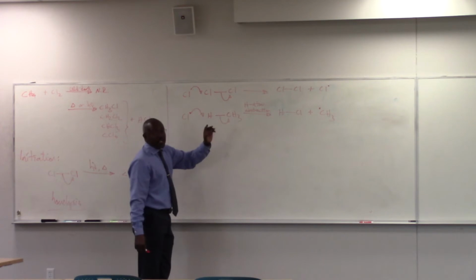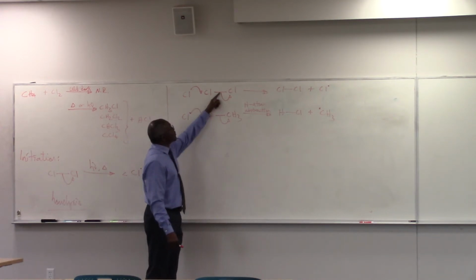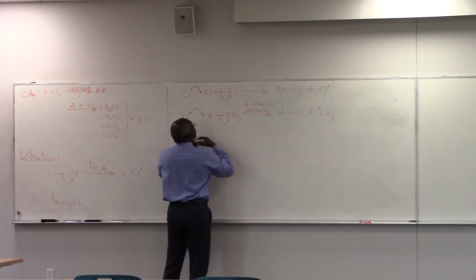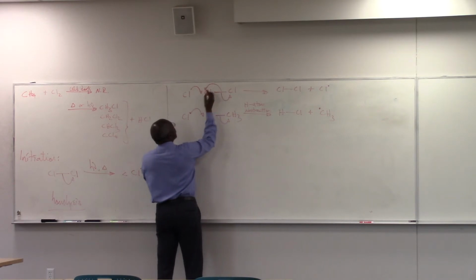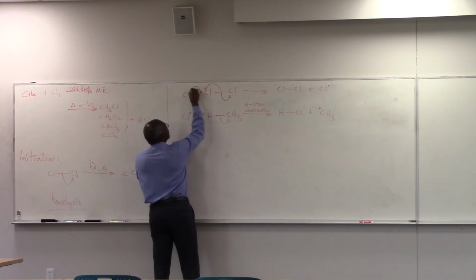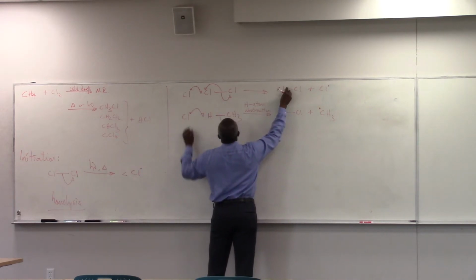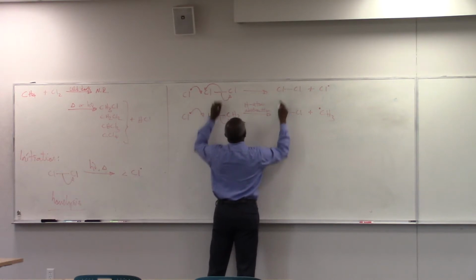So you can imagine here, by the way, there are two electrons in this bond, and I've shown one electron going here. It stands to reason that the other one is going between this Cl and that Cl to make the Cl-Cl bond. So one of these electrons is here, the other one is coming from this chlorine-chlorine bond.